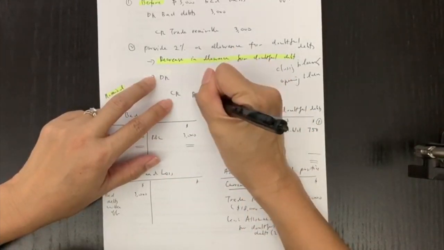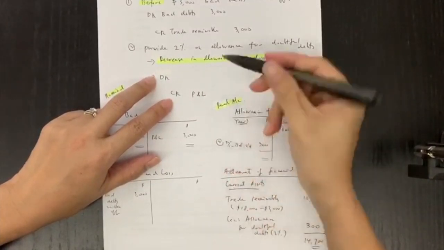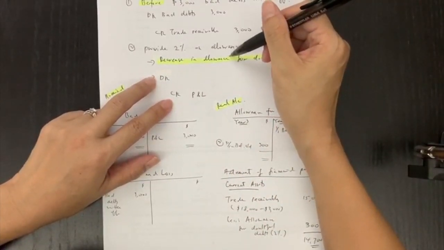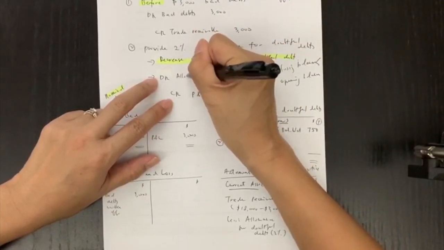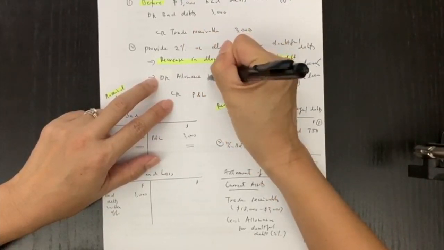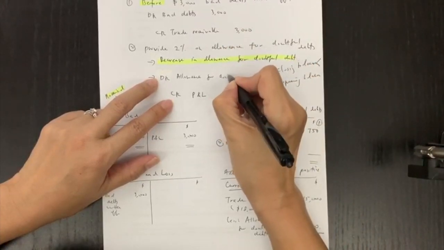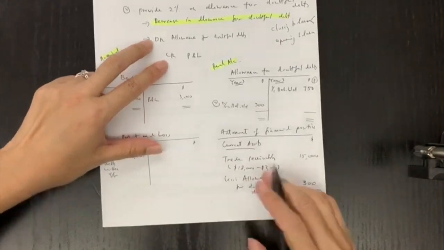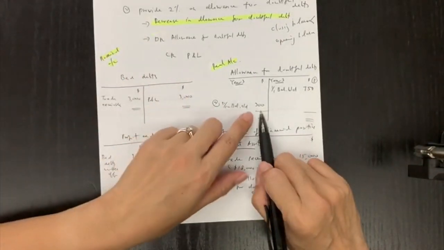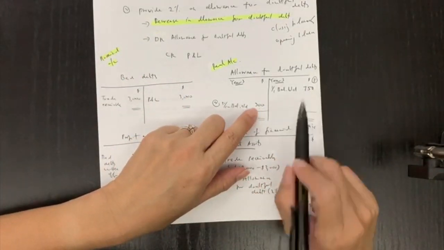So the good thing is credit profit and loss. To decrease allowance, allowance itself is a credit item, so we debit allowance, we go to the opposite side. By how much? By the change, by the difference between the closing balance and the opening balance.